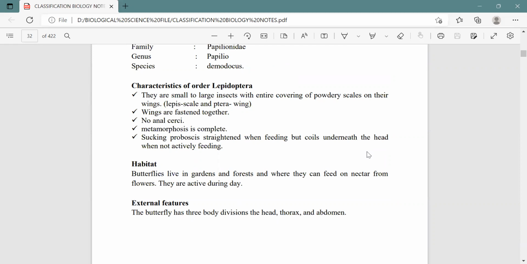They are nocturnal, and the butterflies are diurnal. You'll find them active during the day. Diurnal animals are active during the day. Then nocturnal animals are active at night. So a moth is nocturnal, but a butterfly is diurnal, though both belong to the same order, order Lepidoptera.